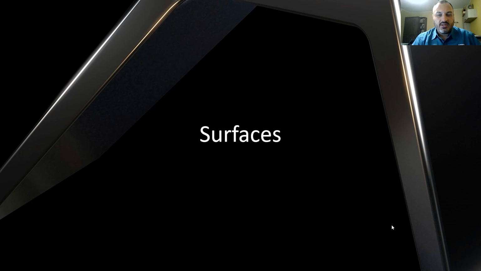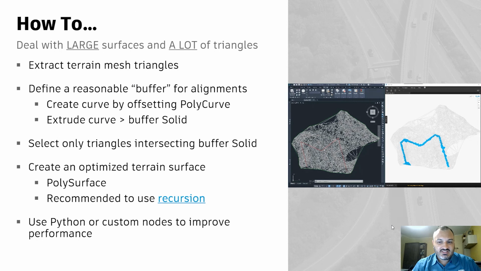Now, when it comes to road design, we need to find a way to deal with surfaces. The problem with surfaces is that they are large, several square kilometers, and with a lot of triangles, several thousands of triangles, tens of thousands. So what we need to do, as you can see here on the animation to the right, is provide a way to filter the triangles that are important for the alignment.